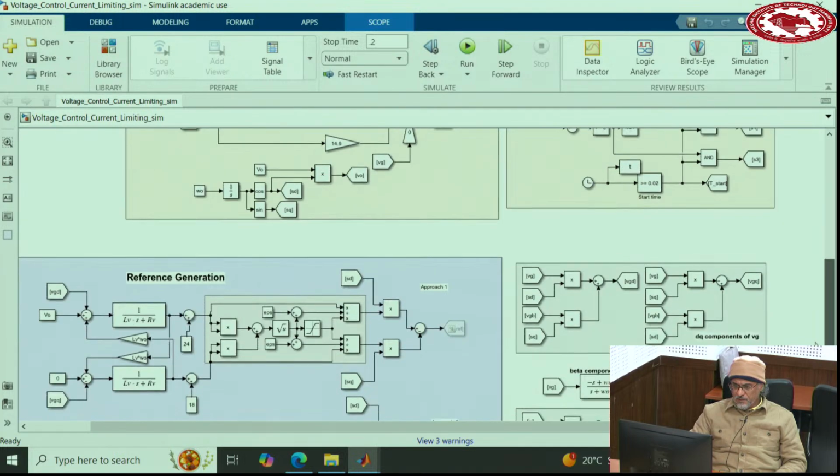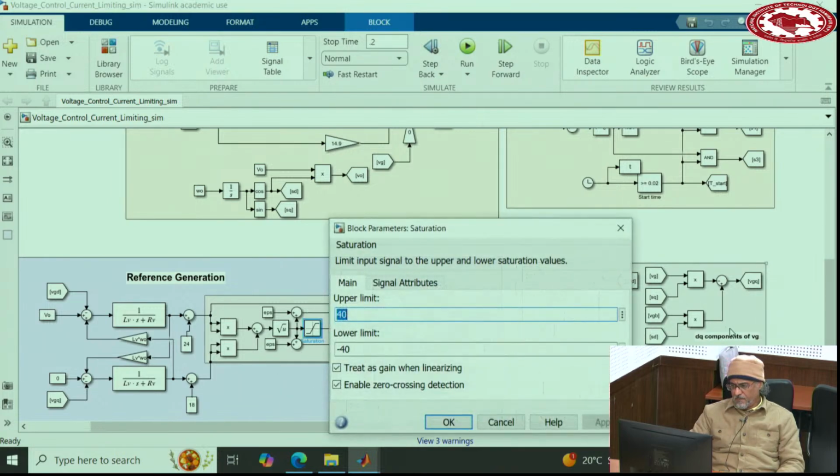And the current limiting is done here. In this block, if you go in, it should show the limit of the current that we have assigned, 40. So whatever you assign here will be the limit for your current.